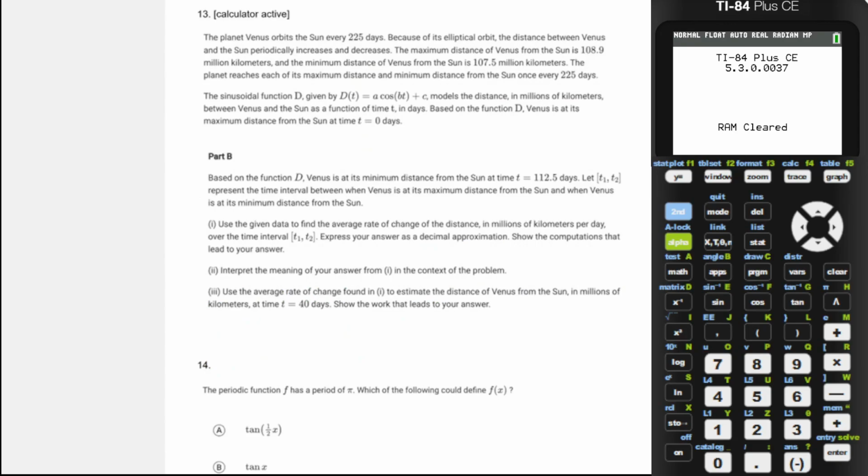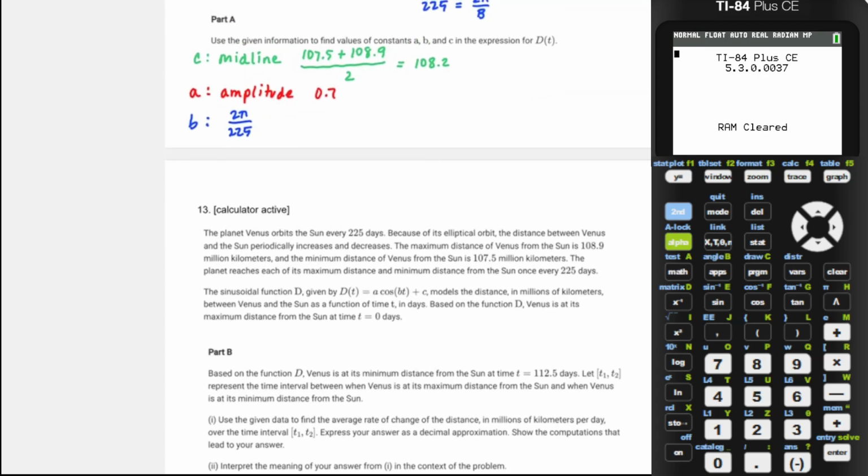All right, now we've got some more stuff that's actually going to require the use of the calculator. So based on the function d, Venus is at its minimum distance from the sun at time t equals 112.5 days. Let t1 to t2 represent the time interval between the maximum and the minimum. We just found an expression for d, so I think they fully expect us to be plugging this into the calculator.